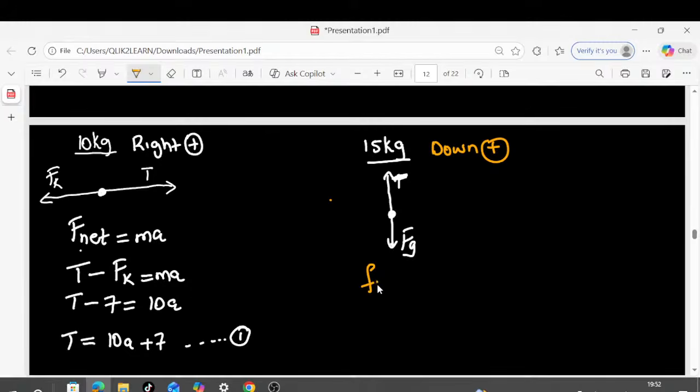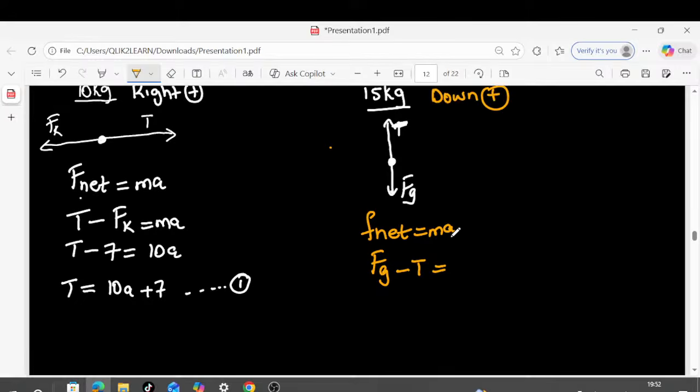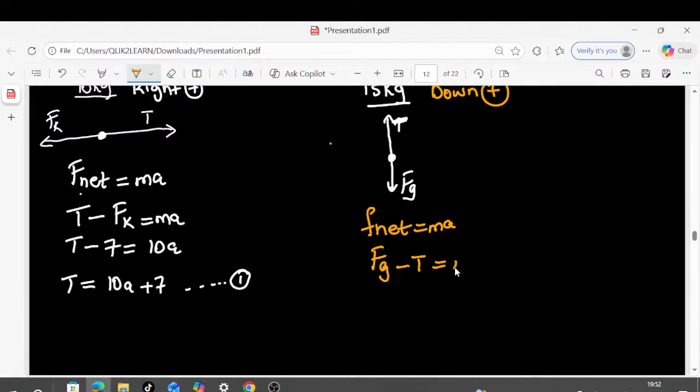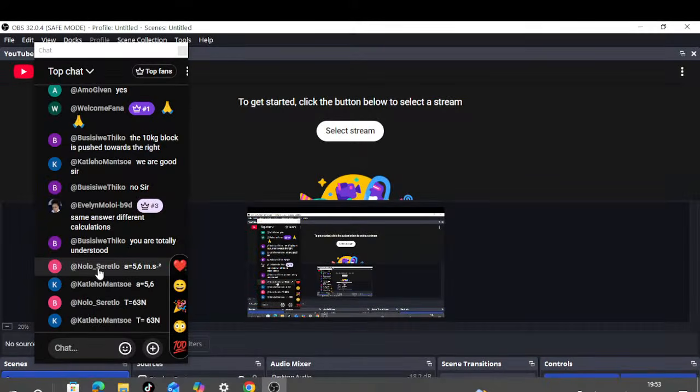So we're going to use the formula F net is equal to MA. We set down as positive, so it's Fg minus all the forces that are going right. So now look at this. This one is equal to MA. Why is this equal to MA? Because I still remember on YouTube, someone asked, okay, so nice, I see you guys already did the question.